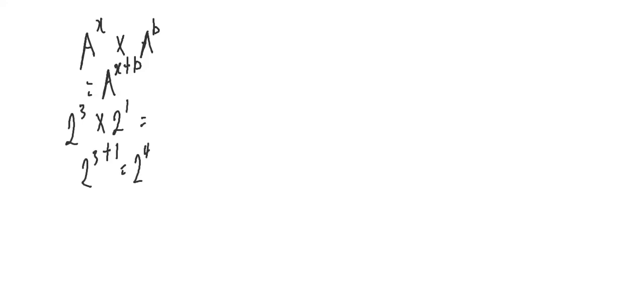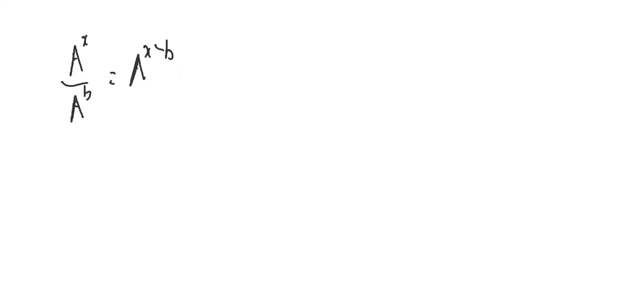So going to the next rule, that is division. When we have a raised to power x, when we have two ratios with the same base, what does this mean? It simply means we subtract their powers, a raised to power x minus b.